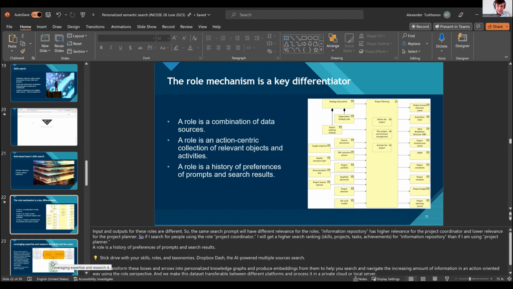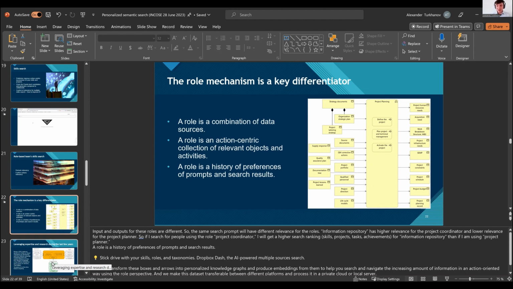If I'm a project controller, some of these objects become irrelevant. For example, project infrastructure needs are irrelevant when I control the project. And that's another part of how we play with the relevance.